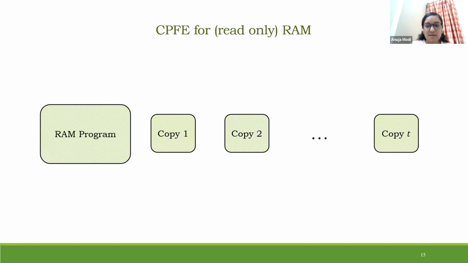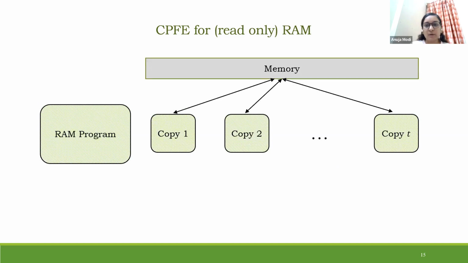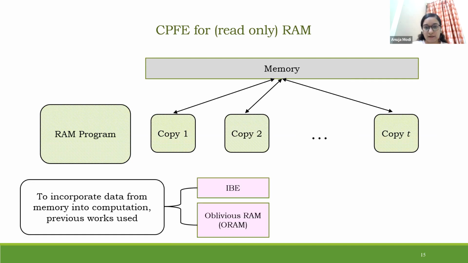These copies interact with the memory to incorporate data into the computation, and previous works used IBE and oblivious RAM for this incorporation of data. IBE chooses the correct label for the garbled circuit, and oblivious RAM is used to hide the read position.